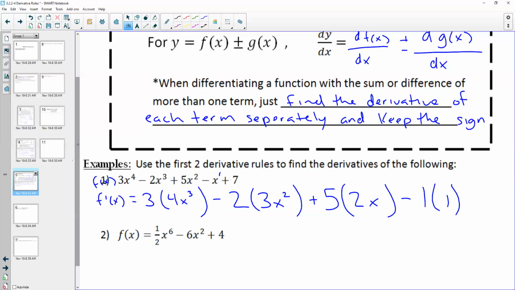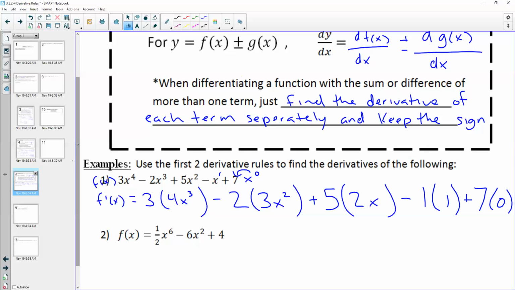Anything to the exponent of 0 is equal to 1. And then we will do the last one, so 7. For this one, let's pretend we have an x to the 0 here. If we bring out that 0 in front, it is just going to make it a 0. So that will go away.